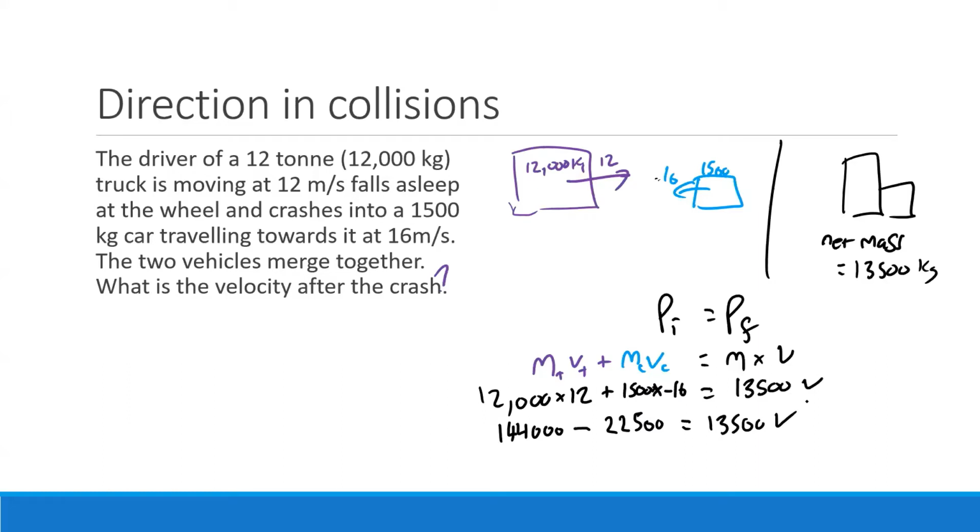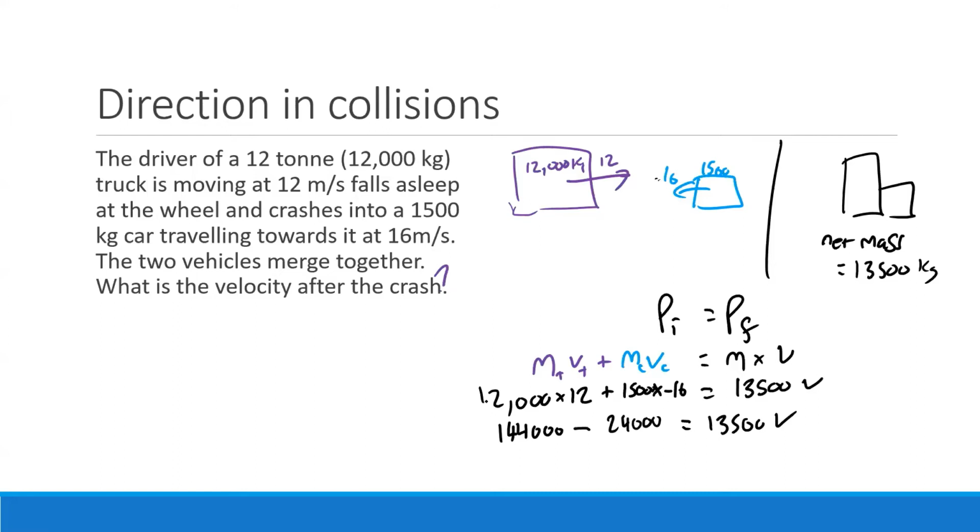So if we just solve this out now, all we need to do is go 1,400 minus this. Oopsies, I haven't got enough zeros here. Yeah, no, that's right. But then the other one is 1,500 times 16. Ooh, what did I do wrong here? 24,000. I don't know what I did wrong there. Sorry, guys. That looks a bit better.